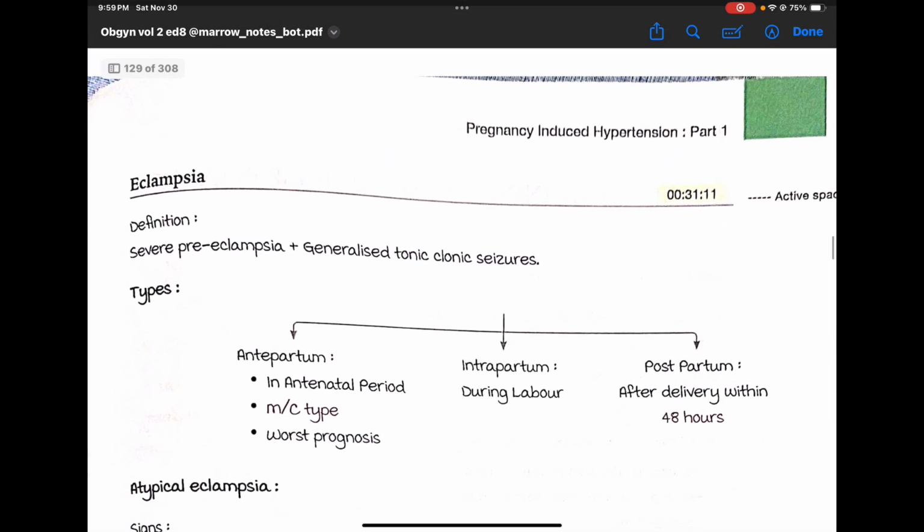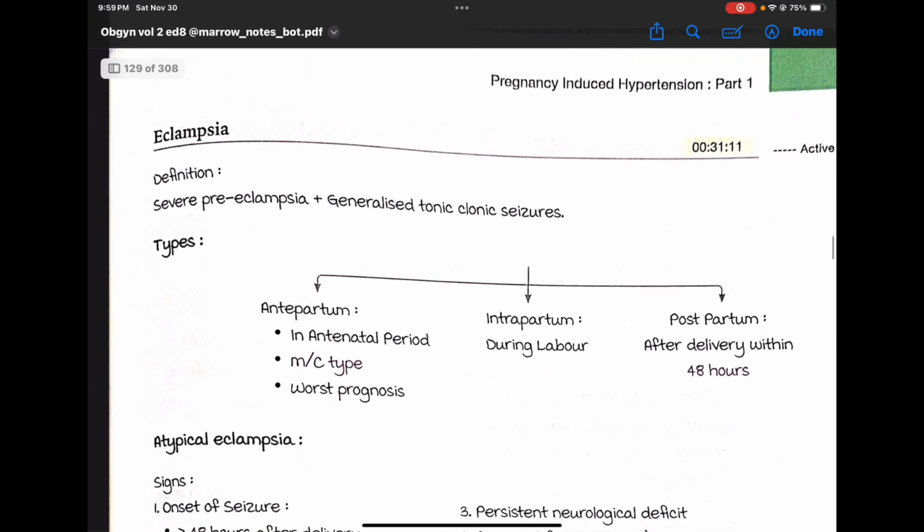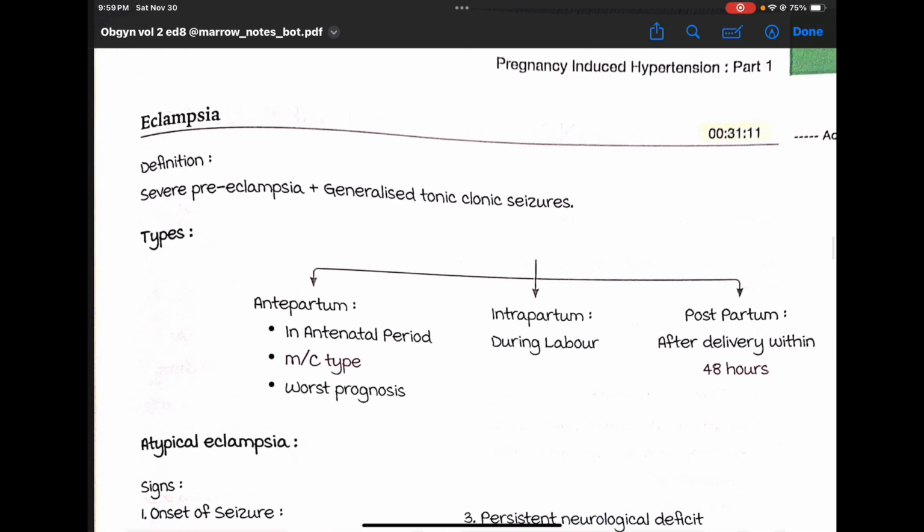Eclampsia. Definition: severe preeclampsia with generalized tonic-clonic seizures. Once when I was on duty in the labor room, a lady was brought into the OBGY department. She had already delivered her child, in the postpartum period, and she went into eclampsia.